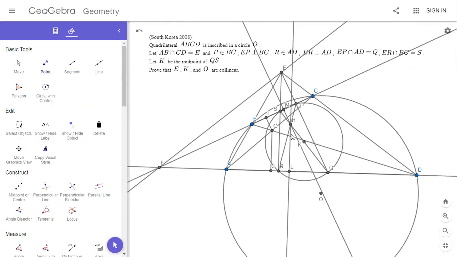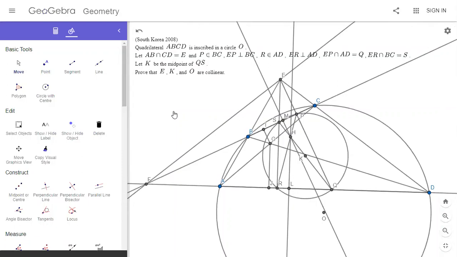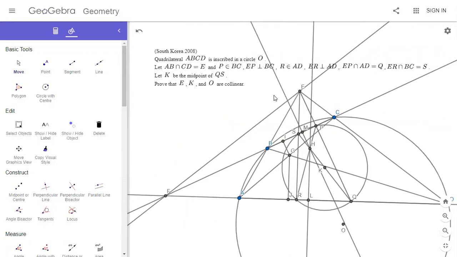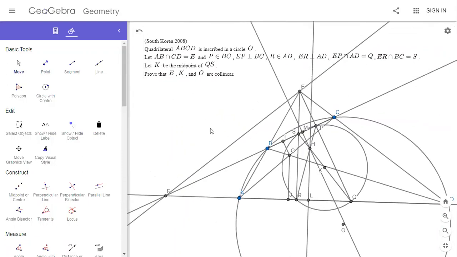If I can show GI over GJ is HM over HL, then that would prove that they're collinear.